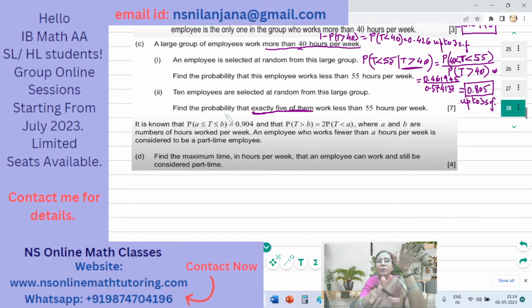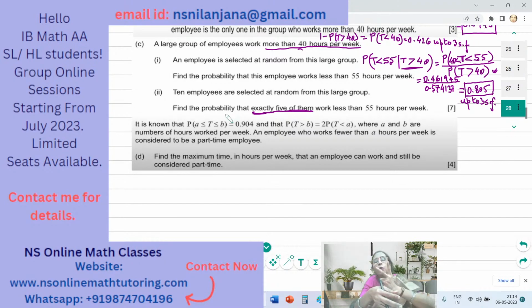Either they will be, all of them are working for more than 40 hours. That is definite. But for the 10 employees who have got selected, some of them will be working for more than 55 hours. Some others will be working for less than 55 hours. And they are saying exactly 5 out of 10 are working for less than 55 hours per week. That means 5 others are working for more than 55 hours per week. Definitely.